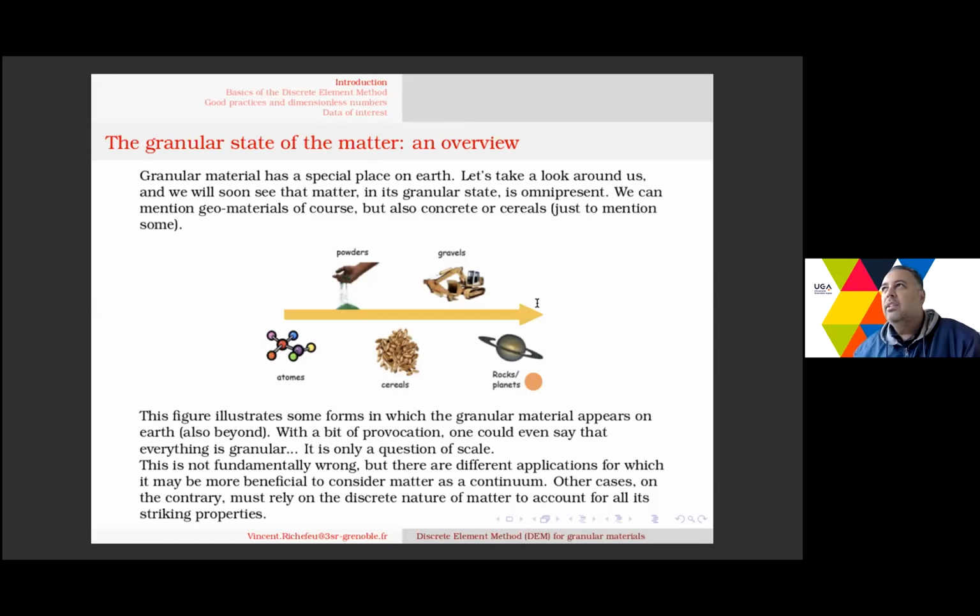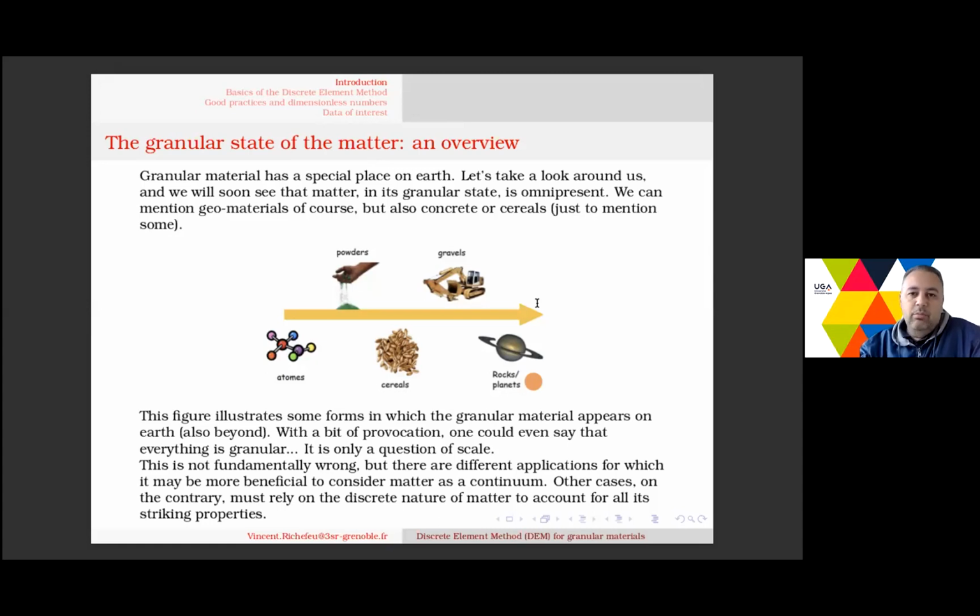The only difference is the interactions between the elements, but everything is granular. So you can use it all the time. But actually, it is not really the case, because sometimes it is more efficient to consider the material as a continuum.